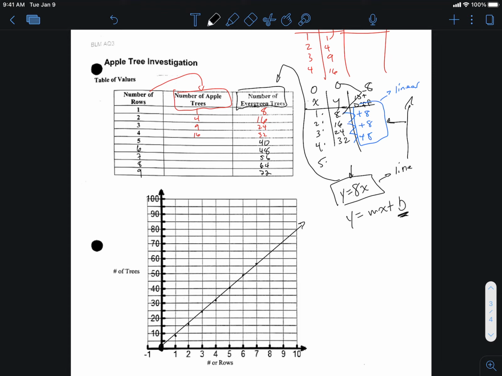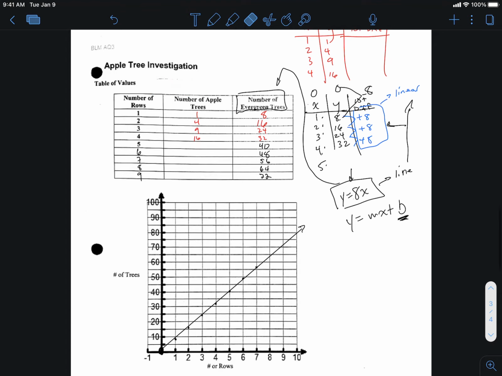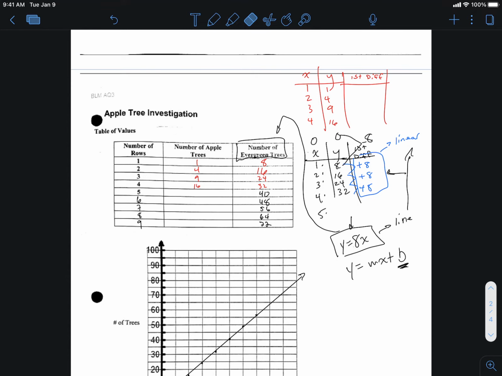So if we turn our attention from the number of evergreen trees, this column, I want to turn our attention to the number of apple trees. I'm just going to try and clean this up a little bit.